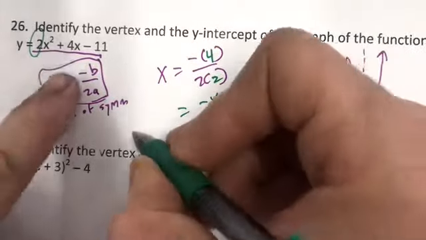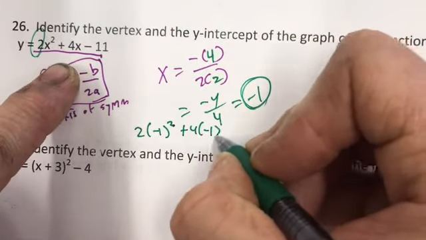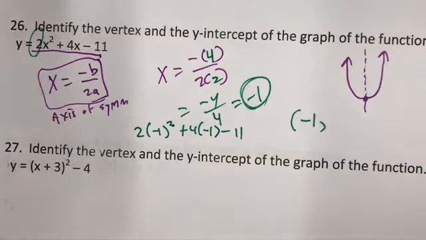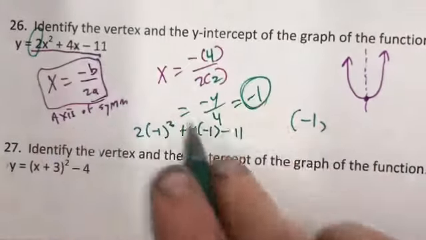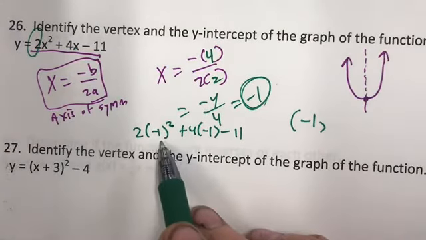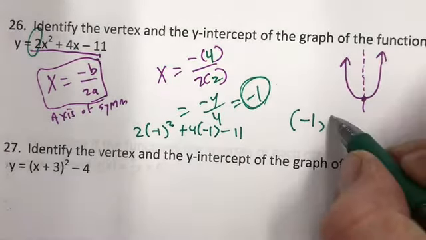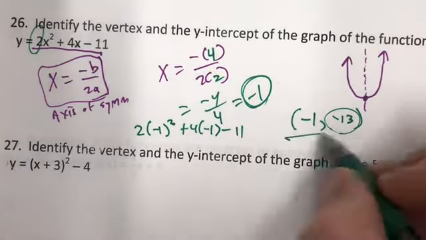So I'm going to type this in the calculator: 2 times negative 1 squared plus 4 times negative 1 minus 11. I'm just putting negative 1 in. So when I do this, it's going to be 2, negative 13. And there's my solution right there. That's my vertex.